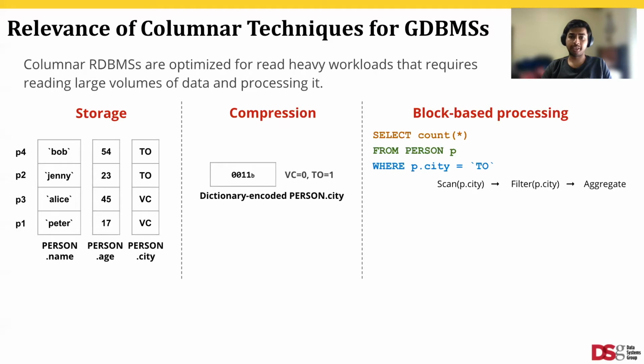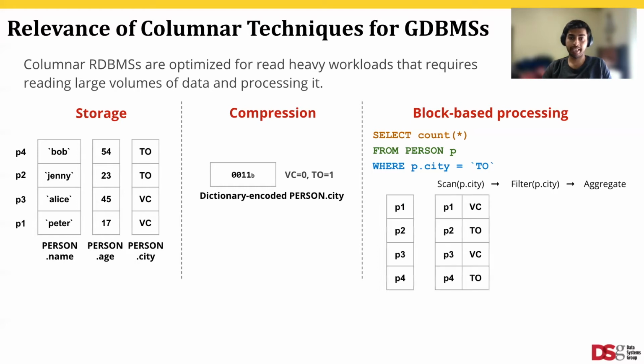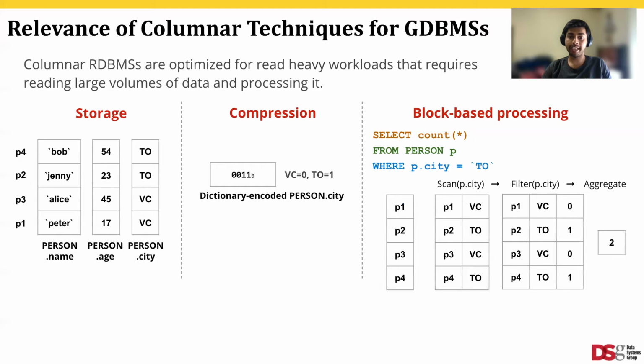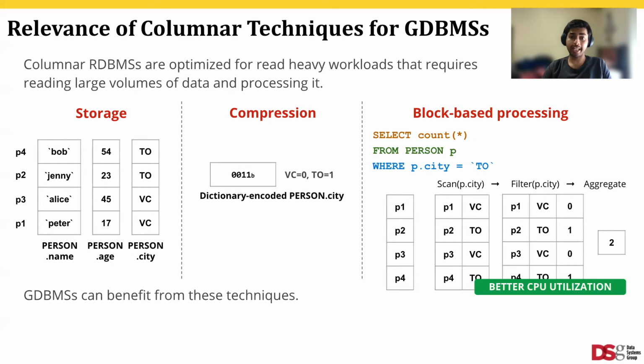This does not exhibit good cache locality as the reads are random. In comparison, a block-based processor reads all of the person city column together. Then it filters and finally aggregates in a tight loop. Here, sequential read on a chunk of data leads to better CPU utilization. These techniques are highly relevant in the context of GDBMSs and hence can make them more competent.